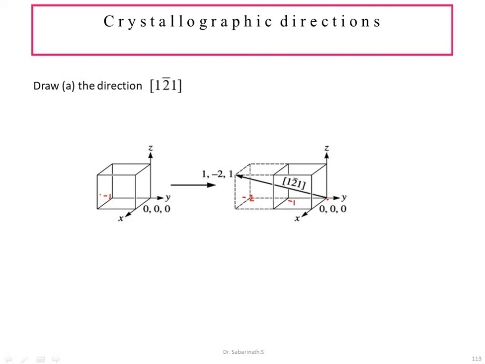So the x-axis value is 1, the z value is 1, and for y the value comes here, that's -2. Altogether we can see that all three directions join at one point, and this point is 1, 2 bar, 1. This is the way in which directions are drawn.